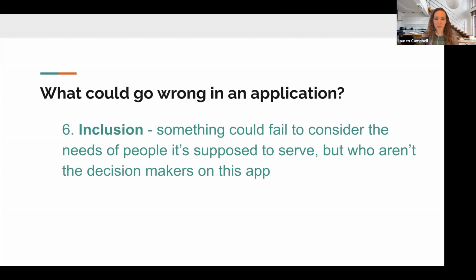So there could be some things they might not have considered for how kids are using the app. Kids tend to just click around at all different things, and you probably didn't intend for that. You expected them to click in a certain way. So we just want to consider including all of the people that might be using your application.